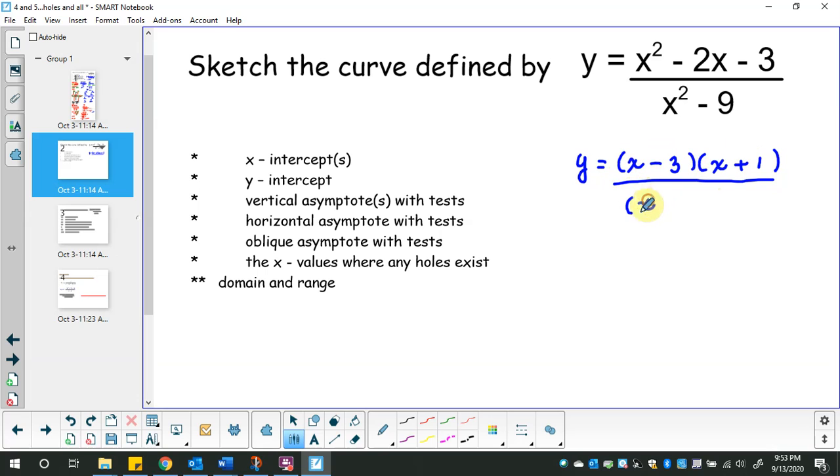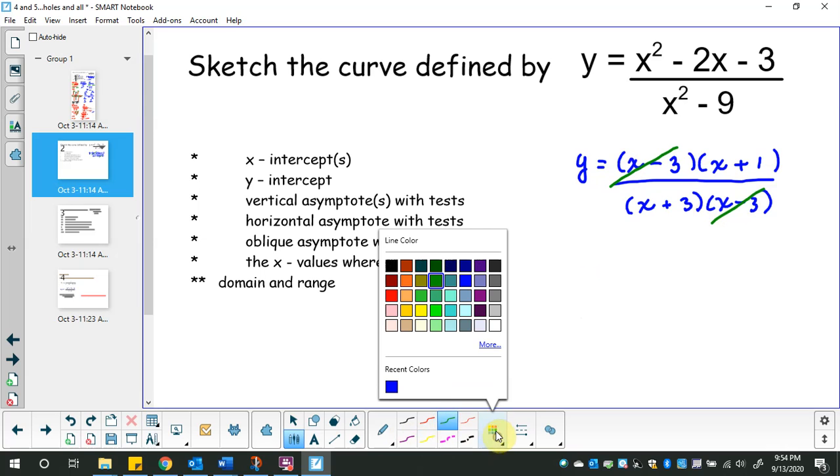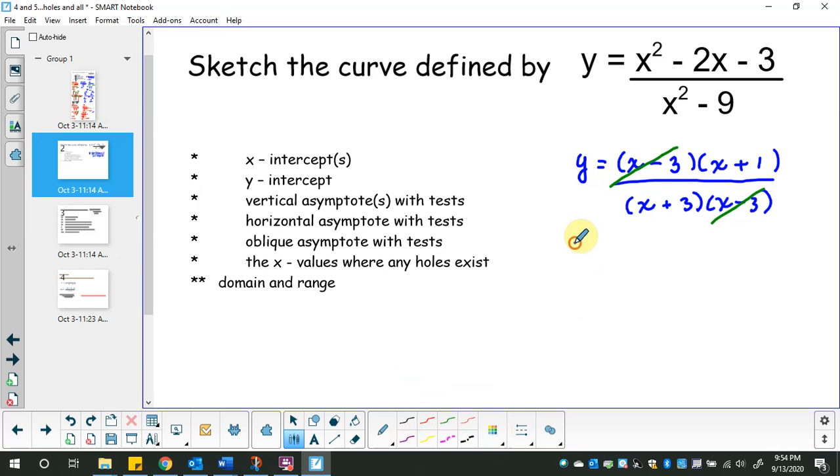And in the denominator, it's a difference of squares, so we have that. And this is a good thing. These two brackets are the same, one top, one bottom, in which case we don't have to look at them anymore. We can cross them out, and we have a much simpler rational function to look at.